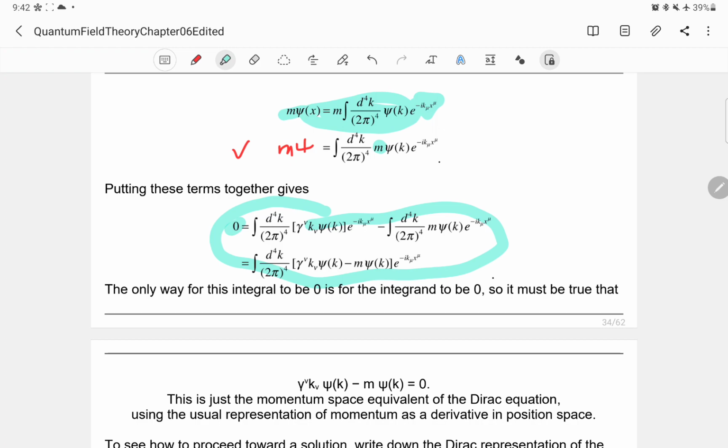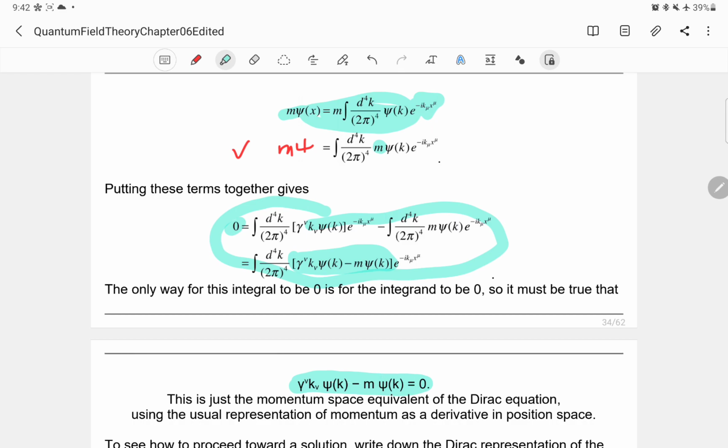The only way it can be 0 is when your integrand is 0. Therefore this must also be 0. So you now have gamma nu k nu psi k minus m psi k equals 0.